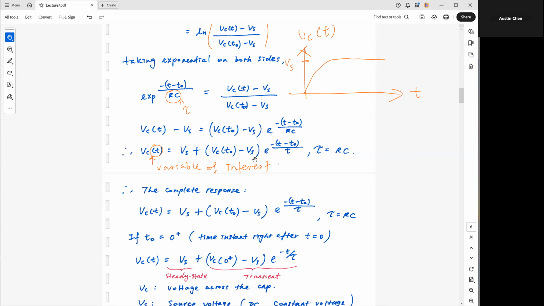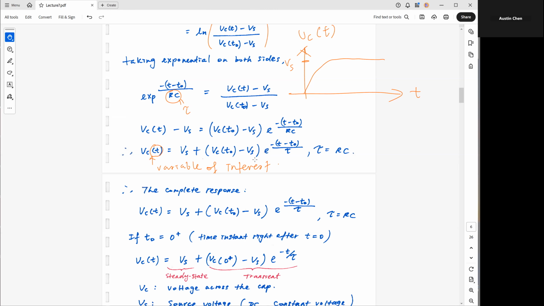In other words, from this simple RC circuit, the capacitor is eventually going to be charged up all the way to this Vs, whatever this Vs voltage is. And I like to use 5 volts as an example. So this capacitor voltage is going to be charged all the way to 5 volts eventually, if you waited for long enough.